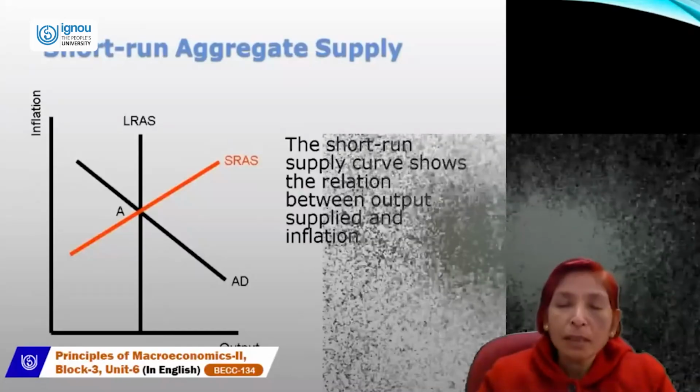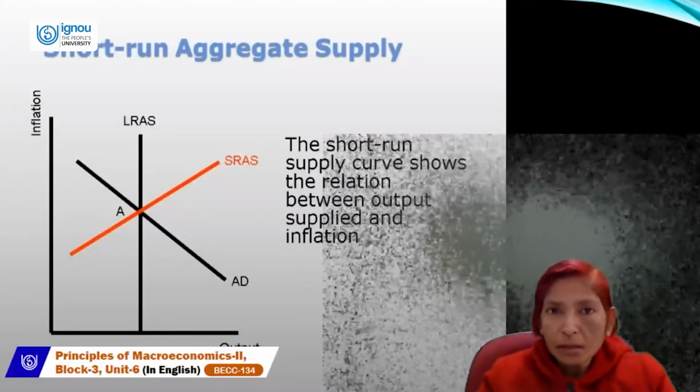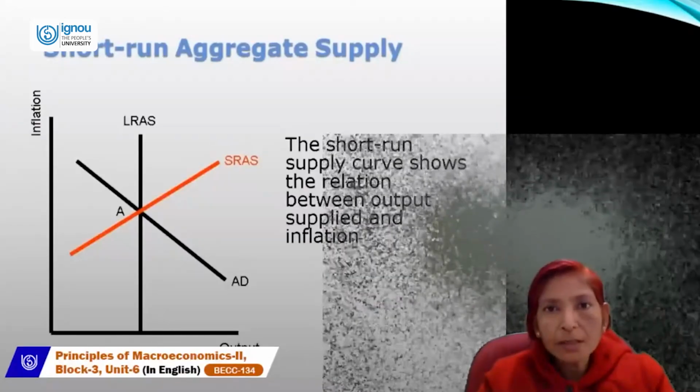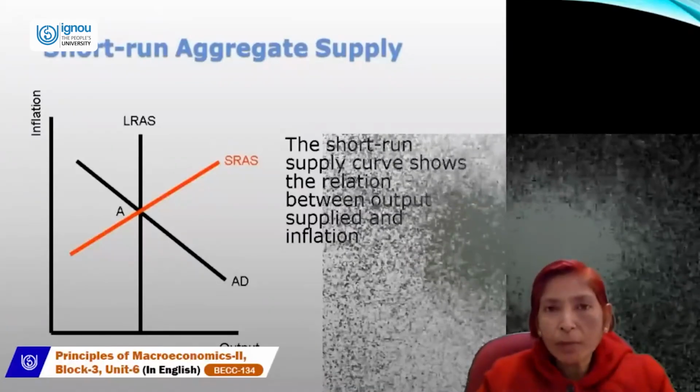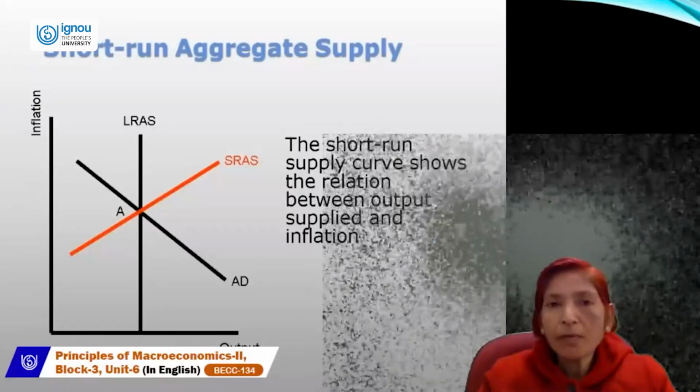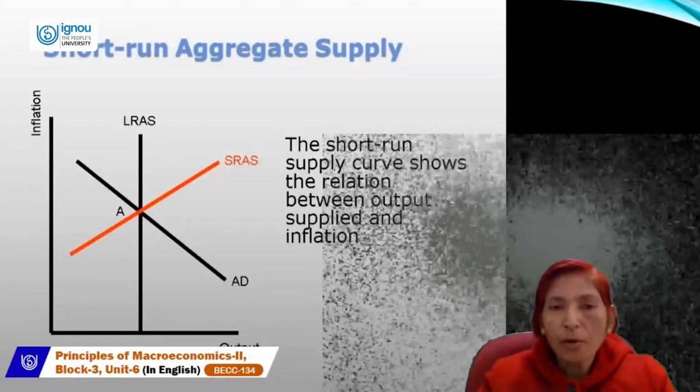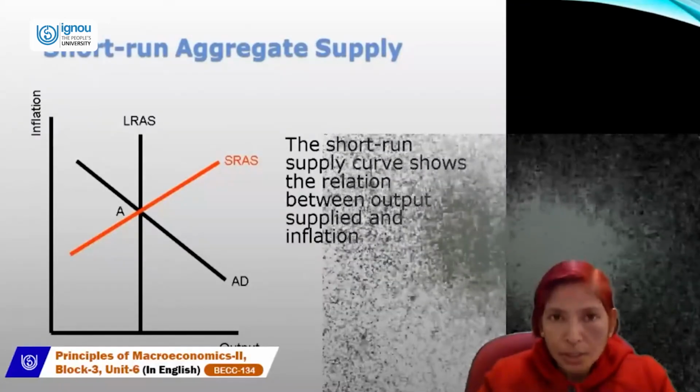But according to the classical approach, in the long run, prices are more flexible in nature, so prices can change, but due to achievement of full employment, income level, output level, and employment level will not change.